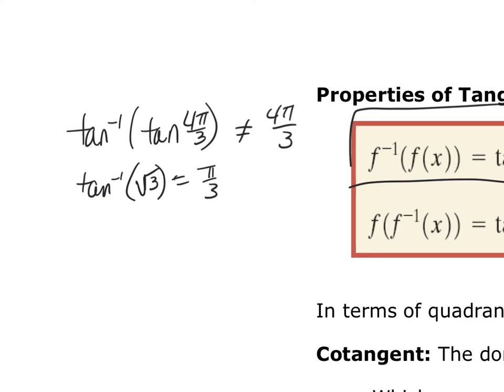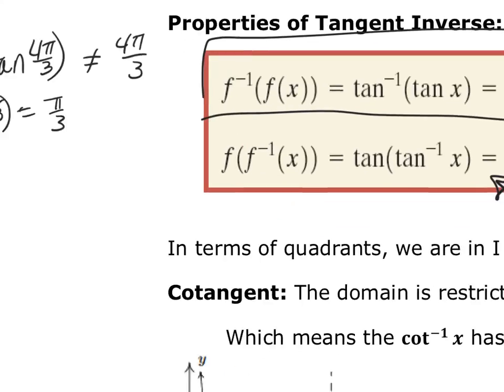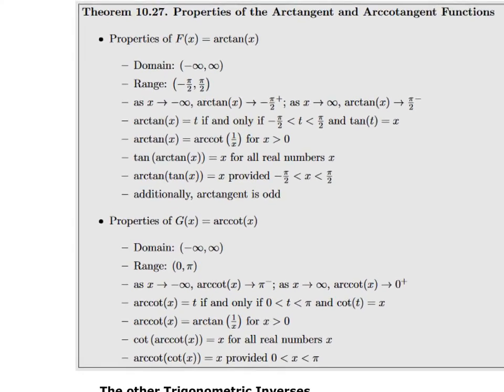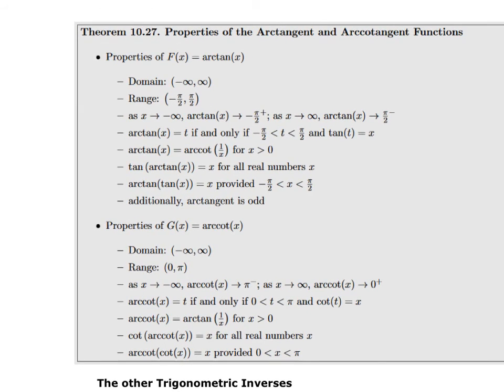How are we feeling? All right, so again, we have the cotangent, which does kind of the same thing. Here are the properties for arc tangent and arc cotangent. Remember, whenever I see arc, I can write these as the tangent inverse, same thing as arc.